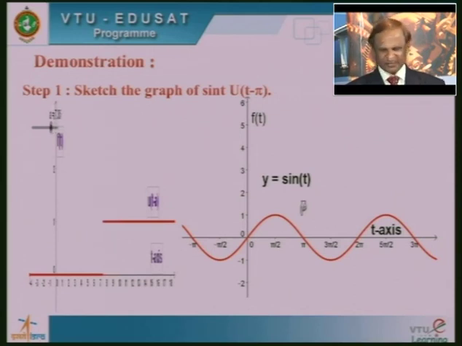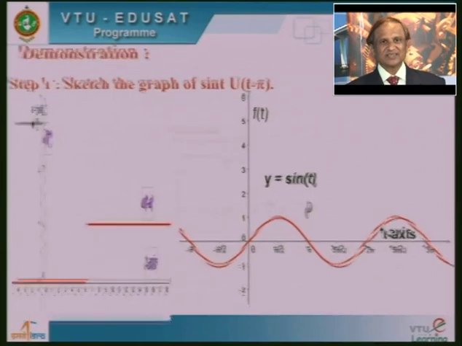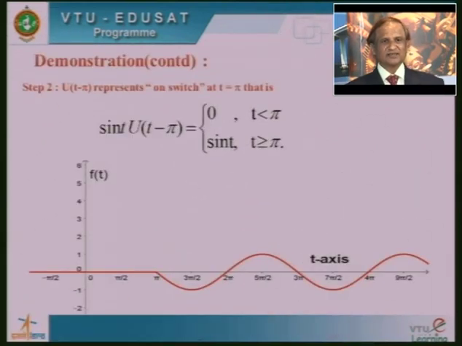So what is the resultant function? The resultant function: u of t minus pi represents an on switch at t is equal to pi. It means at t is equal to pi the curve is visible; less than pi, the curve is not visible.